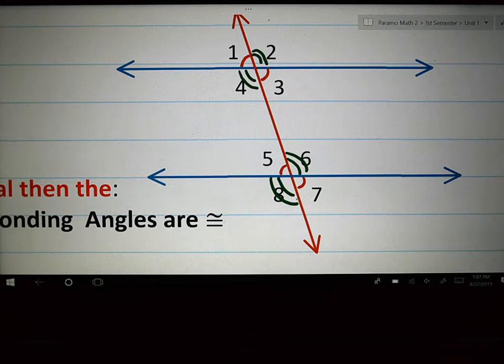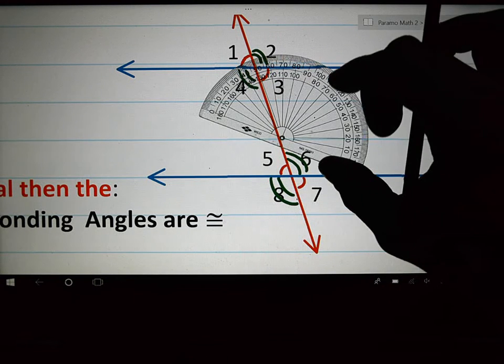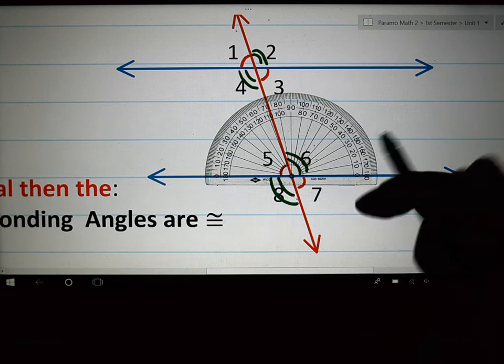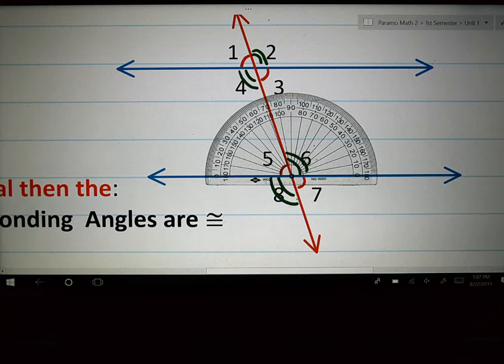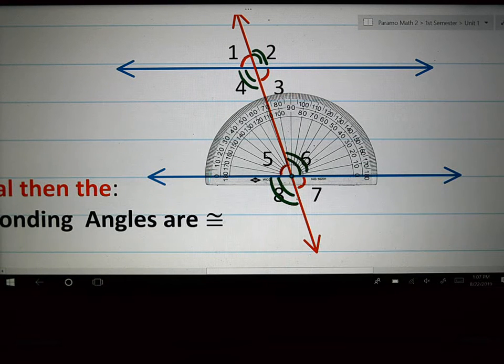When I look at a protractor, I'm going to throw this protractor on my screen. You can see the protractor. When you put this angle together, which just so happens to be about 72 degrees, 0 all the way to 72 degrees roughly, maybe 71.